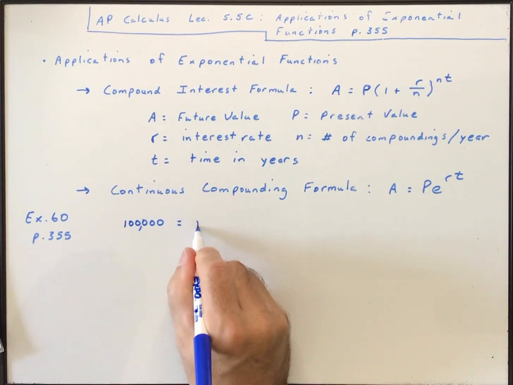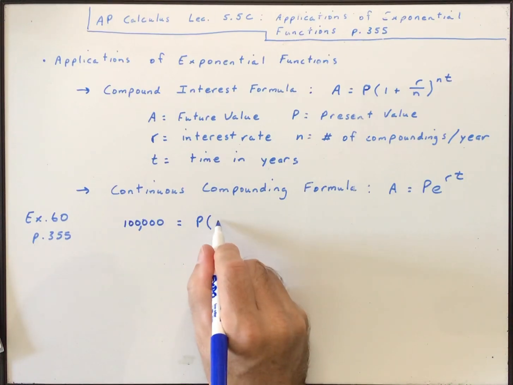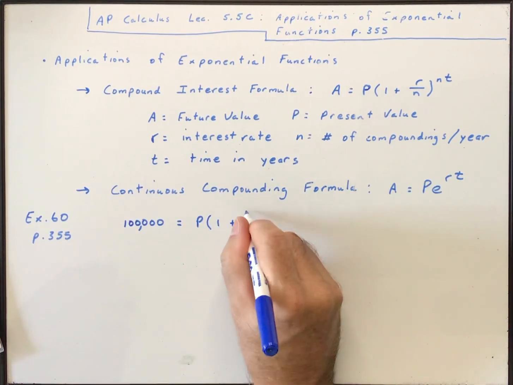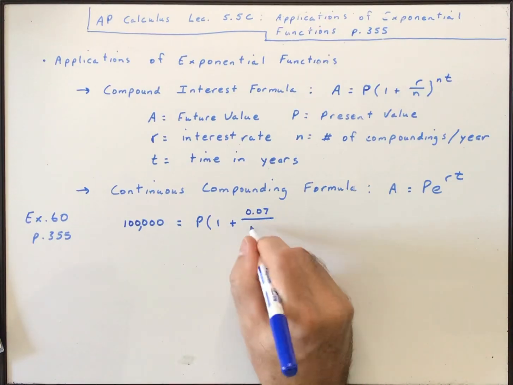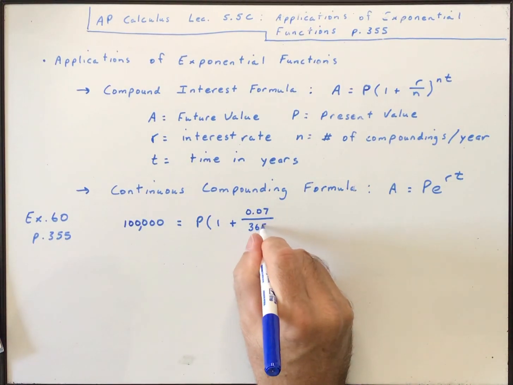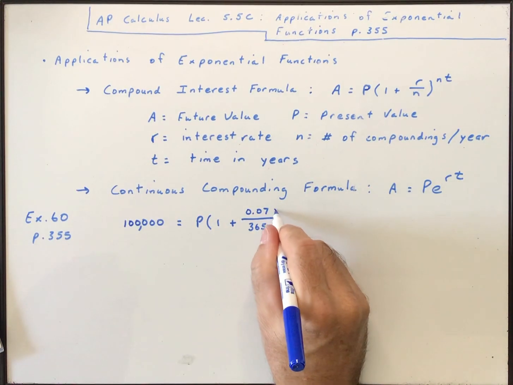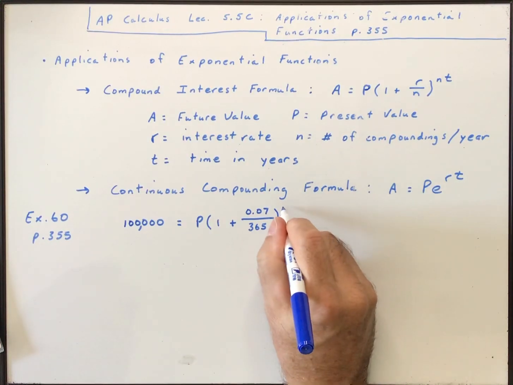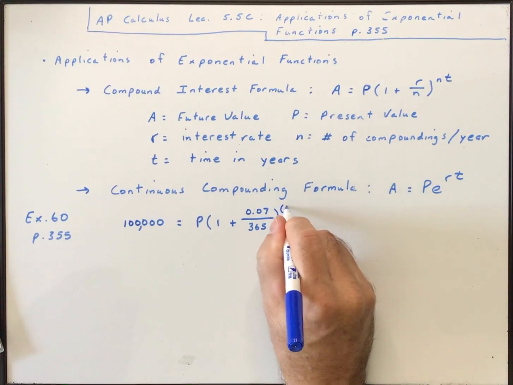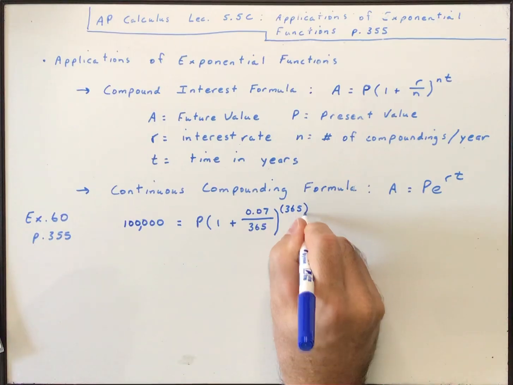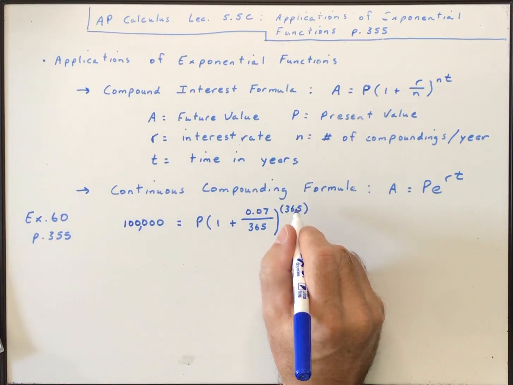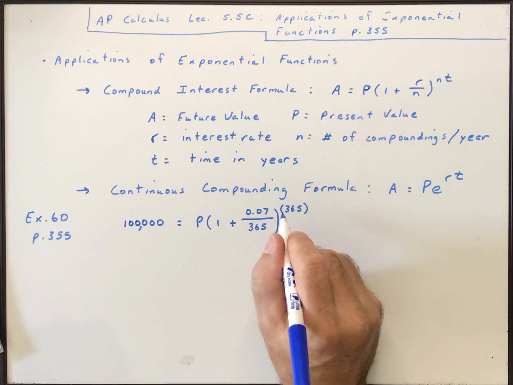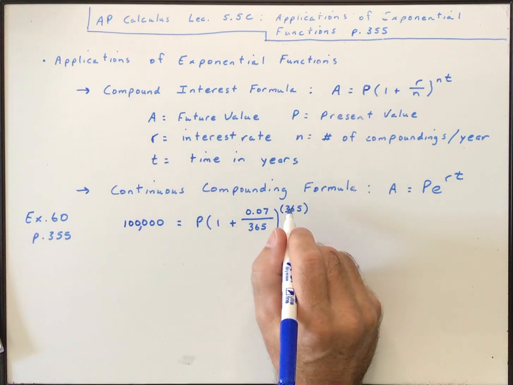That's equal to P times 1 plus our interest rate, 0.07, so 7%. It's compounded daily, so 365, raised to the NT, so 365, and the time is, let's see, 10 years.